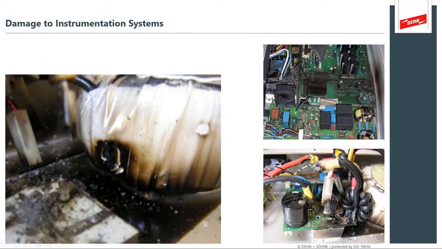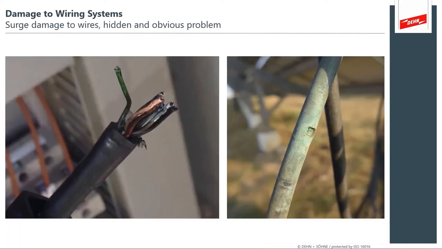We have extensive damage to instrumentation. These are the visible effects of lightning damage that SPDs, surge protection devices, can help mitigate. What's really important about some of this damage that SPDs can help avoid is it's easy to see when a wire is blown apart, but it's very difficult to find the hidden problems.